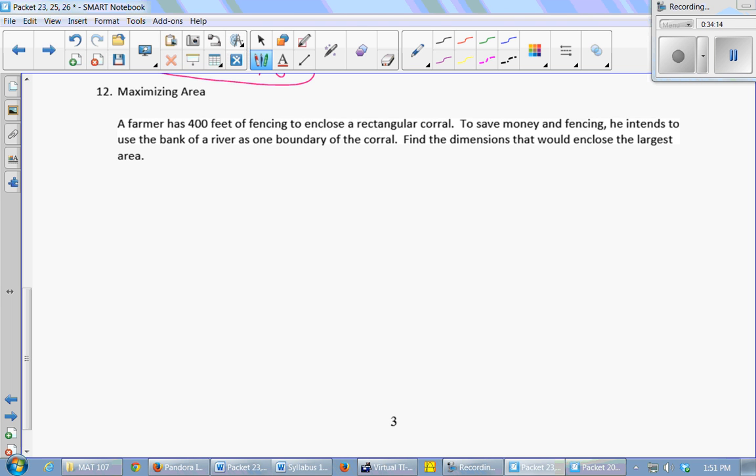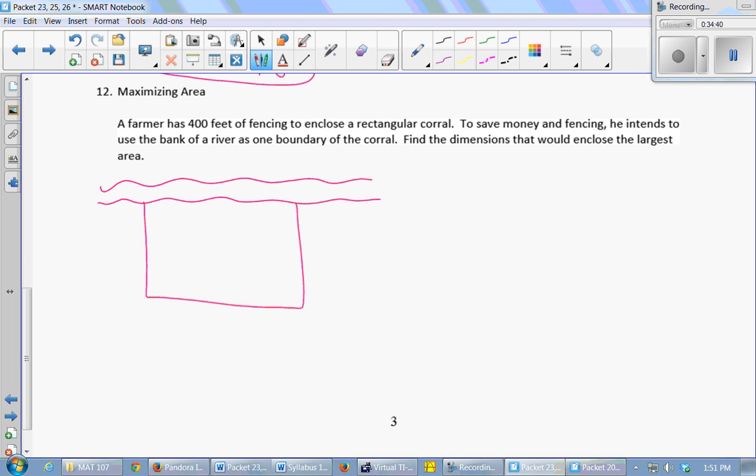And to save money on fencing, he's going to use the bank of a river as one boundary, right? Because his cows can't swim, so they won't get past the river. So we've got a river, right? That's a boundary, and then he's going to build a fence on three more sides to create a rectangular corral. And we want to find the dimensions that would enclose the largest area.